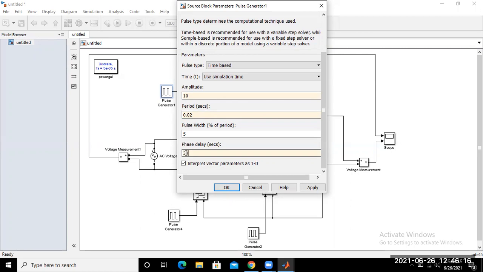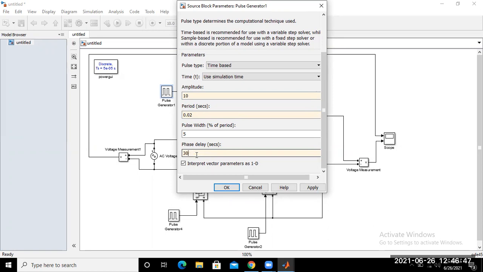So 30 degree divided by 360. How much is 30 divided by 360?